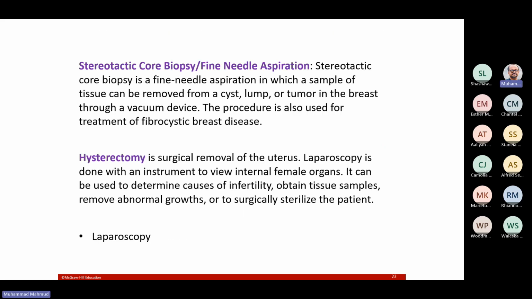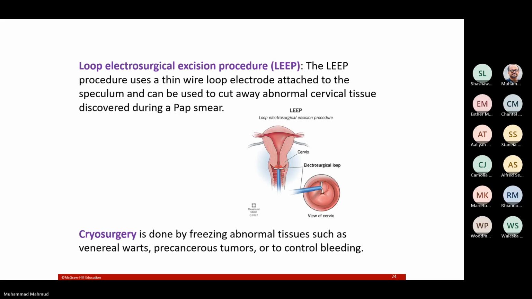Hysterectomy is the surgical removal of the uterus. Laparoscopy is done with an instrument called a laparoscope to view internal female organs. In the loop electrosurgical excision procedure, LEEP, a thin wire loop electrode attached to the speculum is used to cut away abnormal cervical tissue during a pap smear.